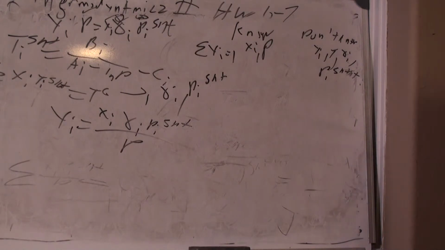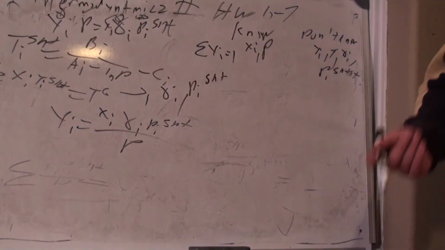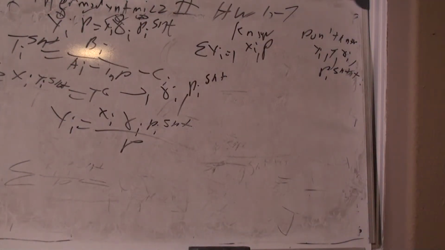Okay. So I have yi in that case. The problem is I'm not done because I guessed for the temperature. But I asked myself, what did I get a value for first? I got a value for T first, so I need to update it. How do I update it?